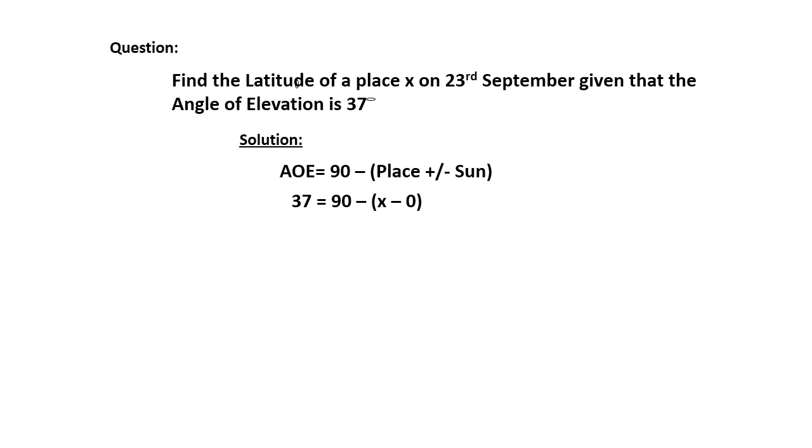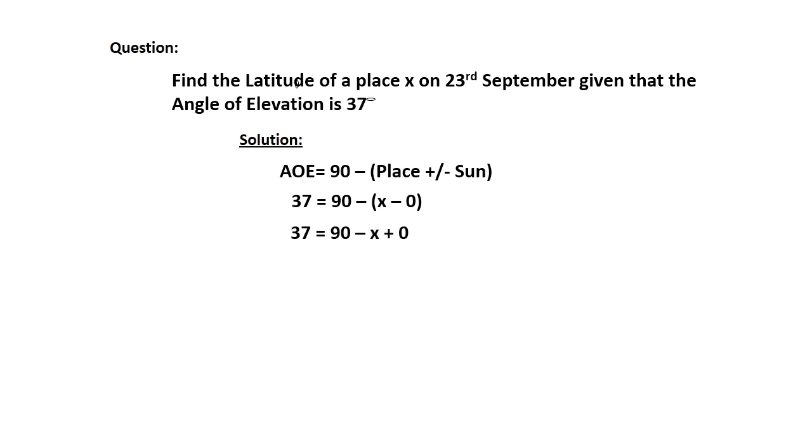On 23rd September, the sun is on the equator, and the equator is 0 degrees. So 0 degrees is what we will put, and whether we add or subtract 0 degrees, it won't have any effect, so it can be either plus or minus.